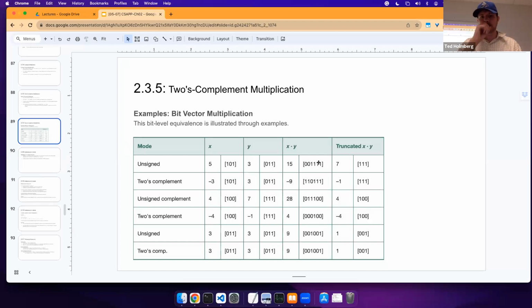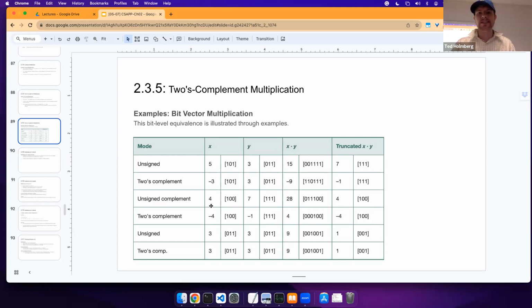So word size of 4, and we'll truncate to be word size of 3, so it'll actually get represented as a 7. Again, the concept behind how we're handling addition and multiplication ends up being the same in terms of how we're preserving our bit sequences.